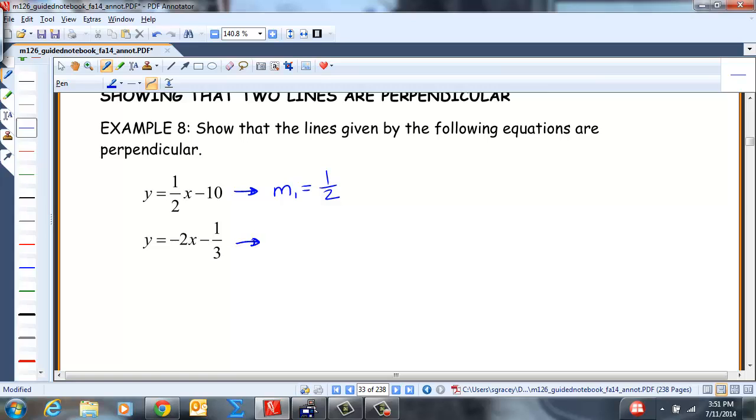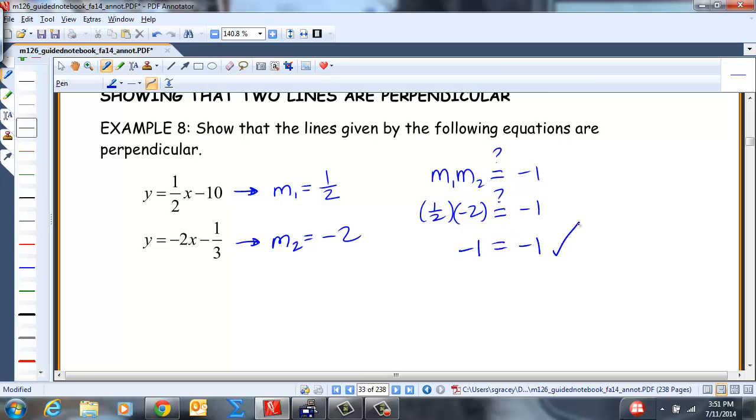And what about this one? Very good. m2 would be equal to negative 2. So what we want to check is, is m1 times m2 equal to -1? So plugging in for m1, we have a half, and m2, we have -2. And we see if that is equal to -1. Well, -1 is equal to -1, so that checks. The lines are perpendicular.